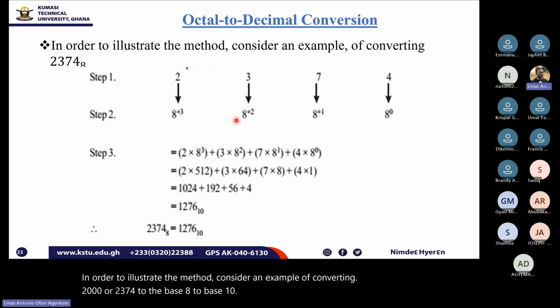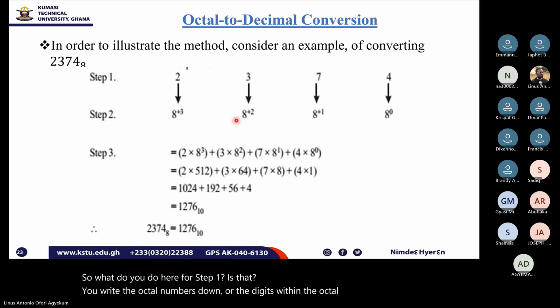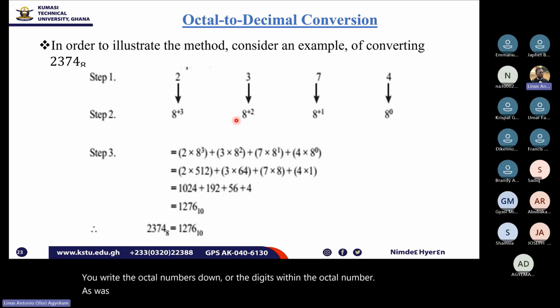So what you do here for step 1 is that you write the octal numbers down, or the digits within the octal number, as was stated in the rule or the step. Then the next thing you do is to write the position values underneath.